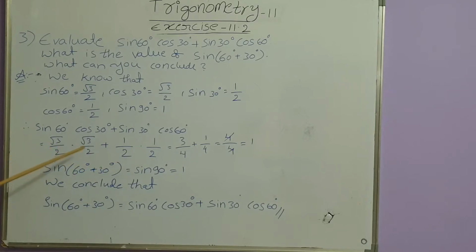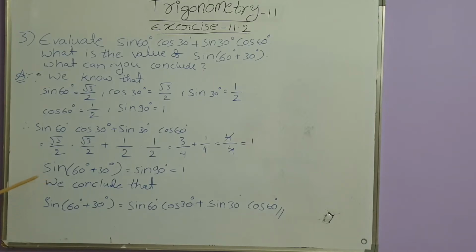Root 3 into root 3 is 3, 2 into 2 is 4. So 3 by 4 plus 1 into 1 is 1, 2 into 2 is 4, 1 by 4. Denominator is 4 and numerator is 3 plus 1 is 4. So 4 by 4 cancel, we have 1.